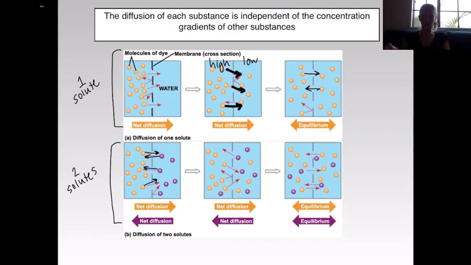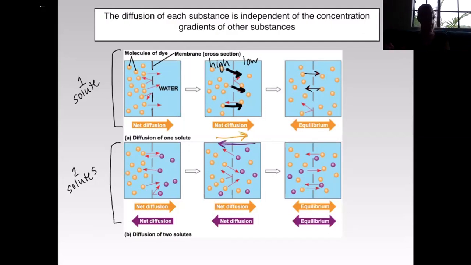So what you'll see is that the orange is going in this direction, and the purple is going to be going in this direction, right?